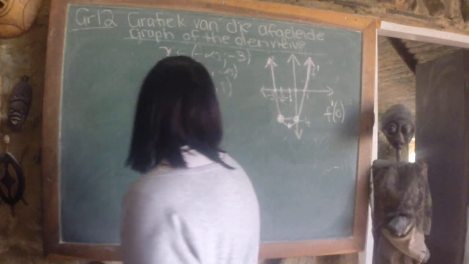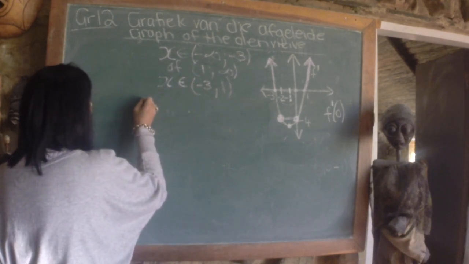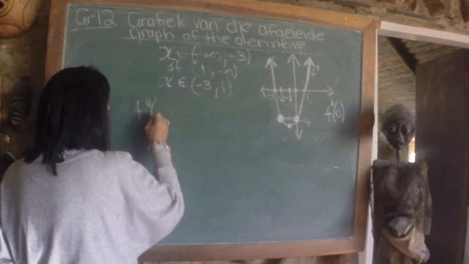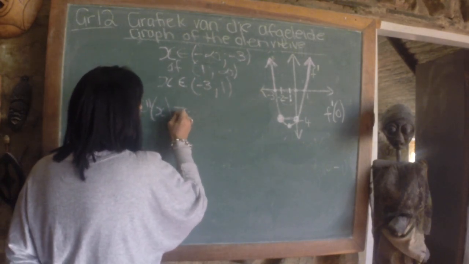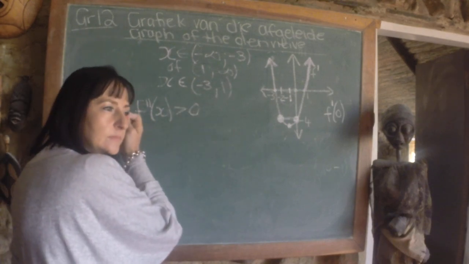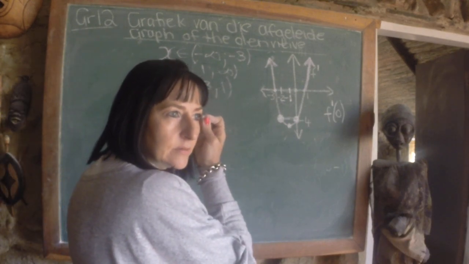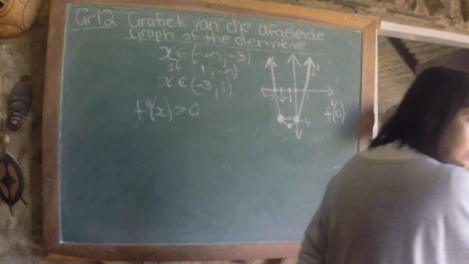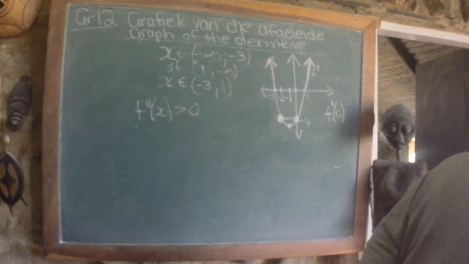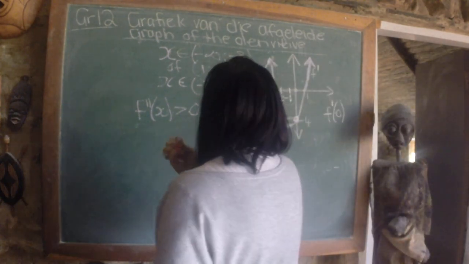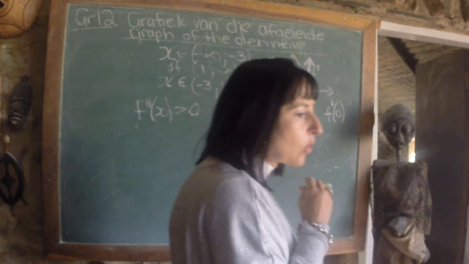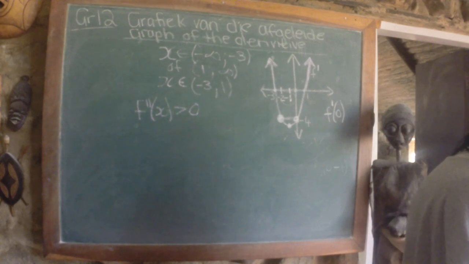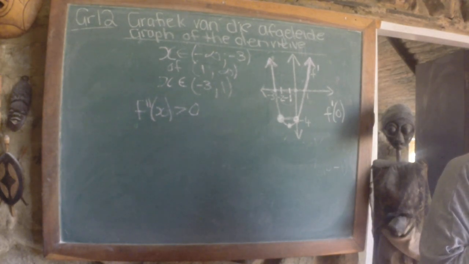So if you work out the second derivative, it's going to be greater than 0 if you insert the x value 0. En daarom is hy konkaaf na bo. Concavity, concave upwards, very important.